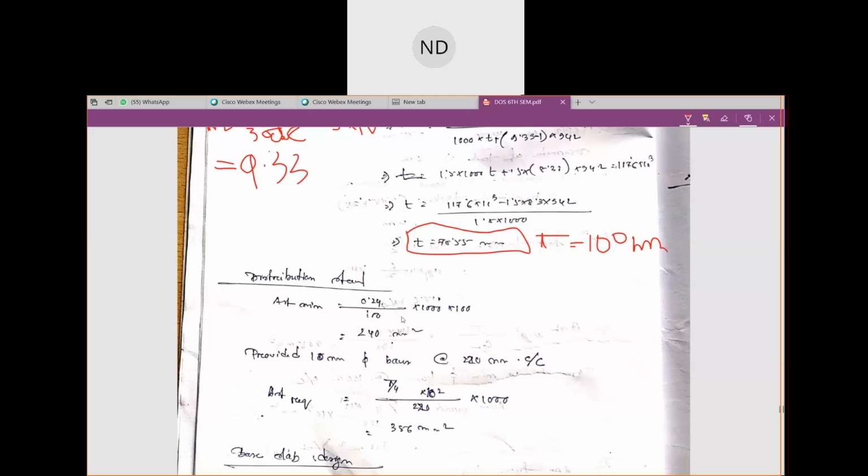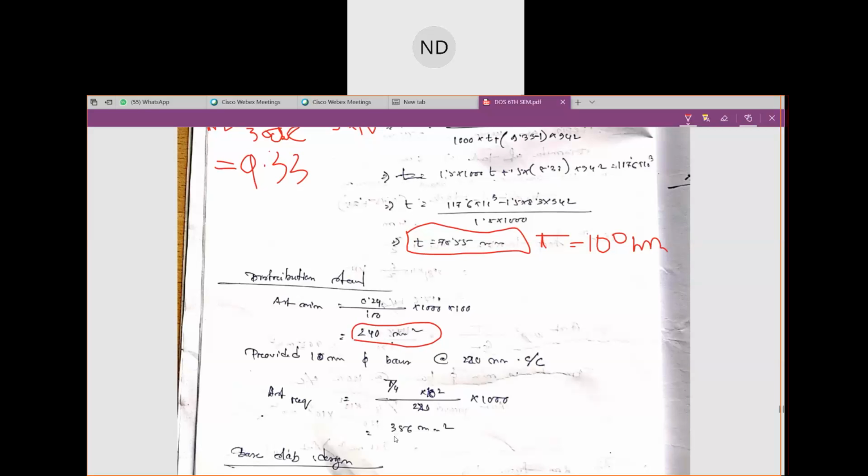So the area of steel required here is how much? 356 or 86, something like that. So that is greater. The minimum area of steel required is how much? 240.